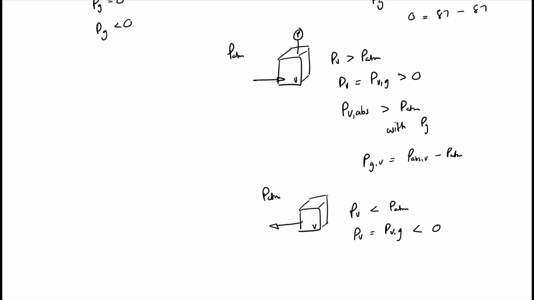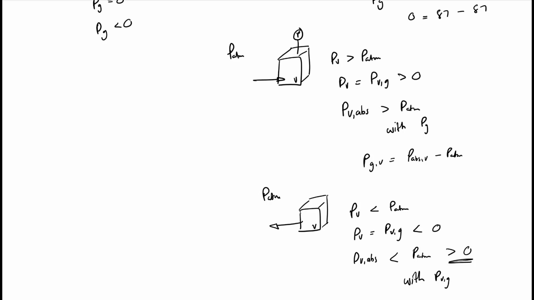The gas initially was at the atmospheric pressure. We've taken it out, so the pressure must go down. And the absolute pressure in this tank must now also be smaller than the atmospheric pressure, but always bigger than 0. And it is smaller than the atmospheric pressure by the gauge pressure.